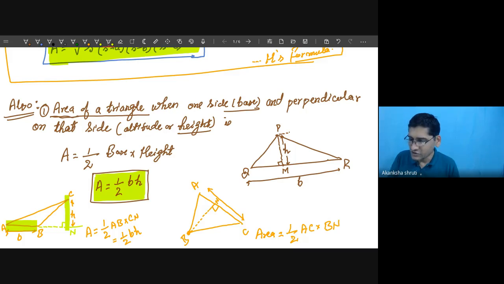Students are always in the habit of seeing this figure only, but it is possible that the figure may be like this one. Like here I have taken the AC as the base, it may be like this one, or it may be like this. Okay, so these are the three situations. In all these situations, the formula is the same. Okay, so this is applicable in all these three situations.